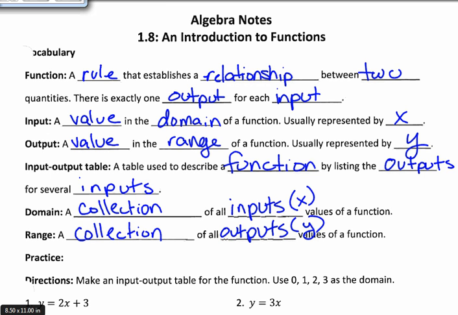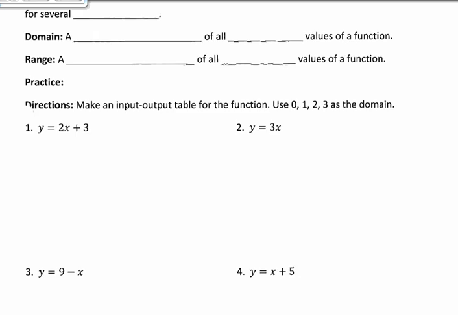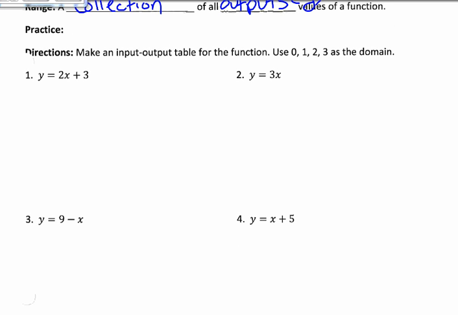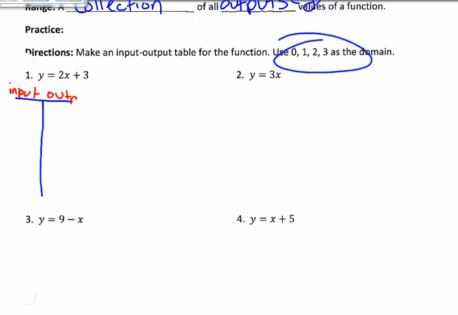So let's look at our first set of problems here, which is to make an input-output table for the function. And it's going to want us to use 0, 1, 2, and 3 as the domain. An input-output table may have looked like a T-chart to you in the past. We can write input on the left side and output on the right side.